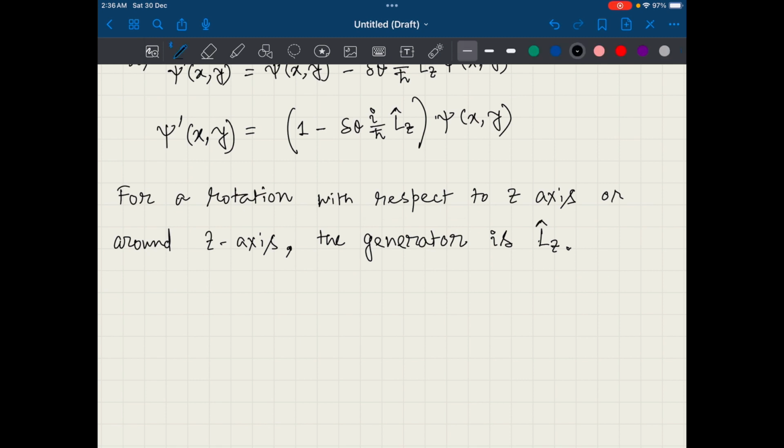So we can say that the angular momentum terms are generators of rotation.